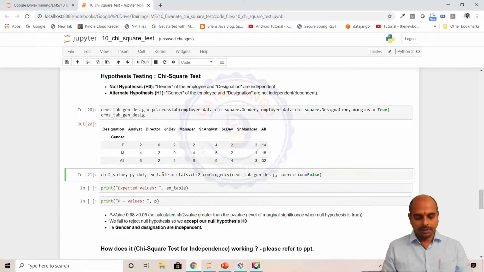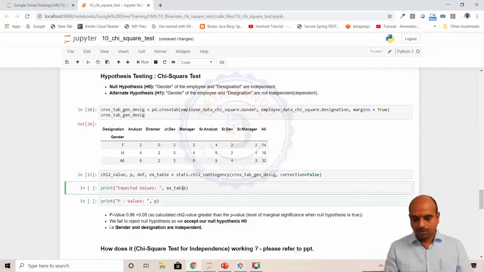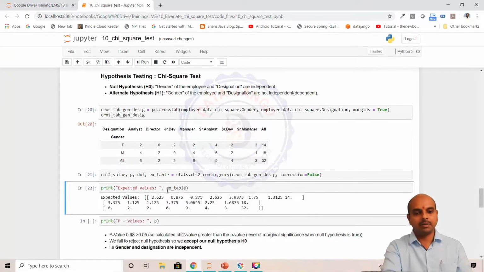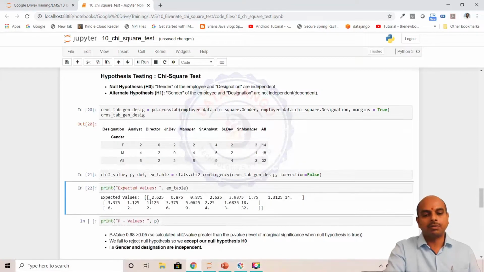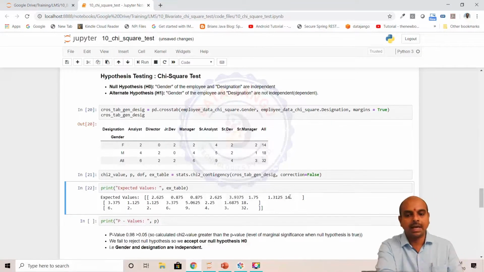So when I executed and looked at the expected table, we have got 3 rows and 8 columns. The first row belongs to F, the second row belongs to M, and the third row is the total. In the same way, the first 7 columns belong to different designations in the organization, and the 8th column belongs to the total.